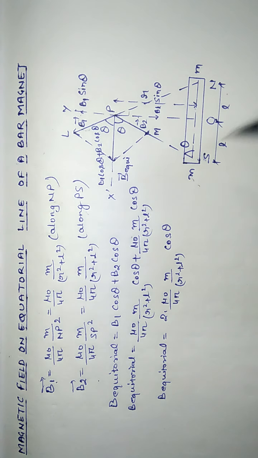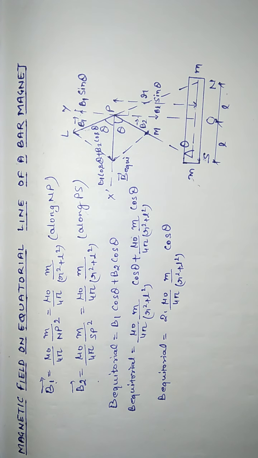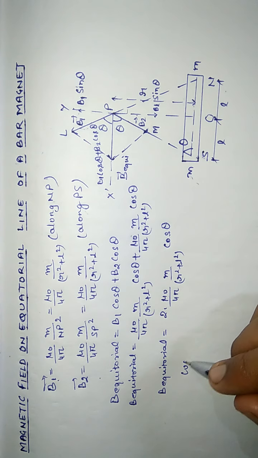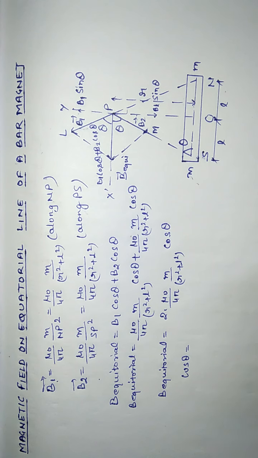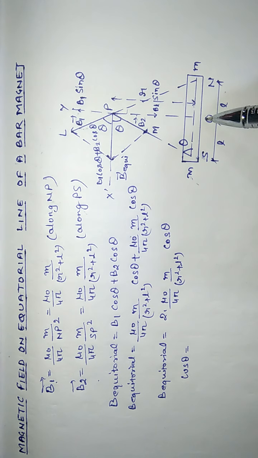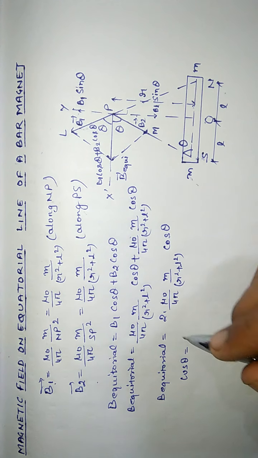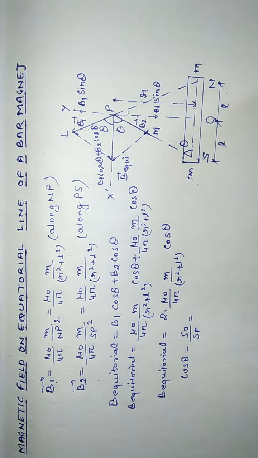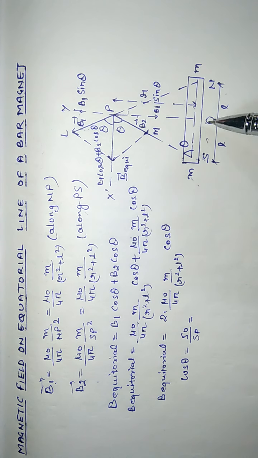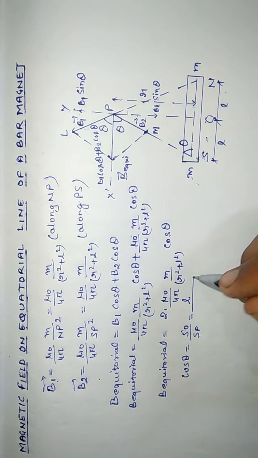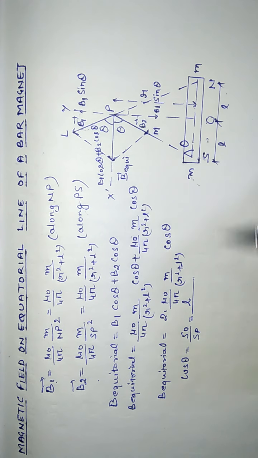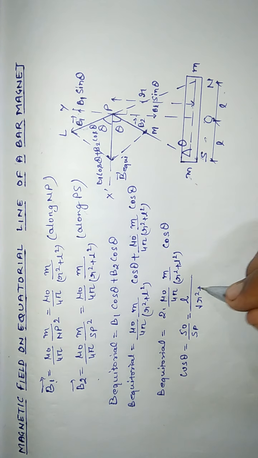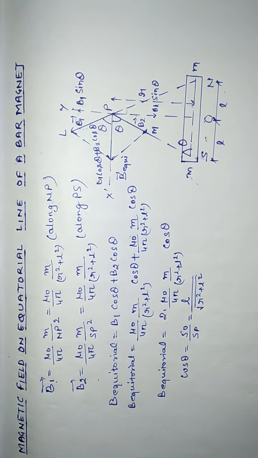Now for calculating cos theta, in triangle SOP, the value of cos theta is equal to SO upon SP, and the value of SO is L and that of SP is under root r square plus l square.